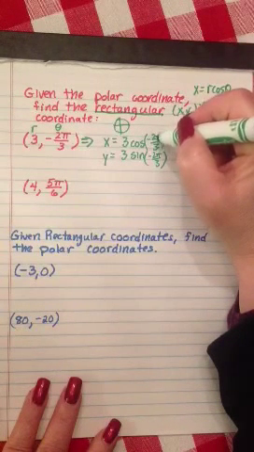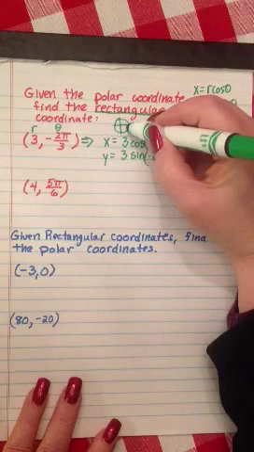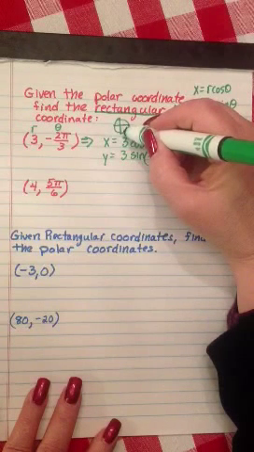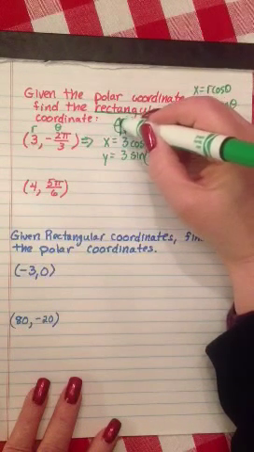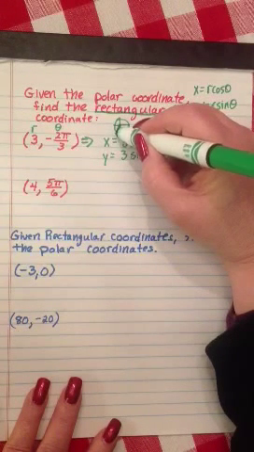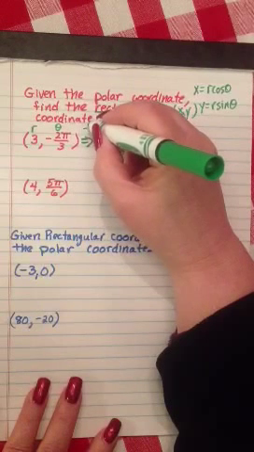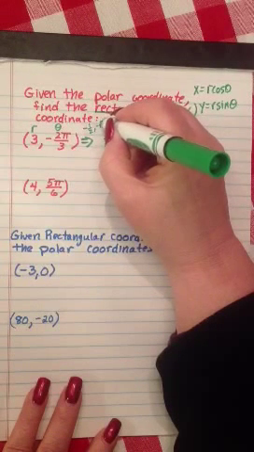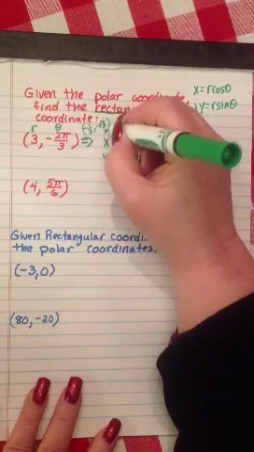Negative 2 pi over 3 is the same as negative 4 pi over 6, so it goes negative pi over 6, negative 2 pi over 6, negative 3 pi over 6, negative 4 pi over 6. So the coordinate right here is over negative 1/2 and down square root of 3 over 2. Okay?